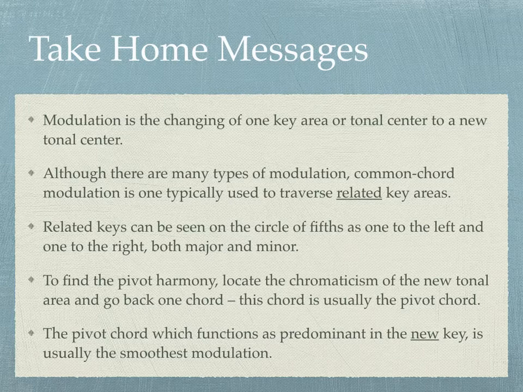When analyzing a modulation, locate the chromaticism indicating a new tonal area, which is usually a leading tone, and go back one chord to find that pivot chord. The pivot chord can have any function in the destination key, but a predominant function will give the smoothest common chord modulation. That is all for now.